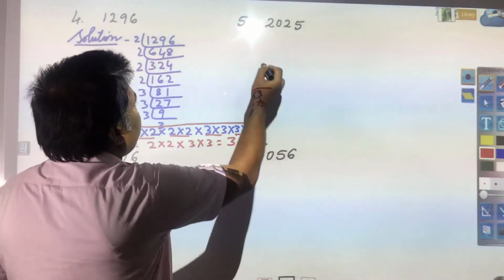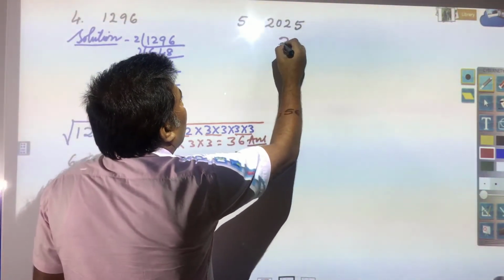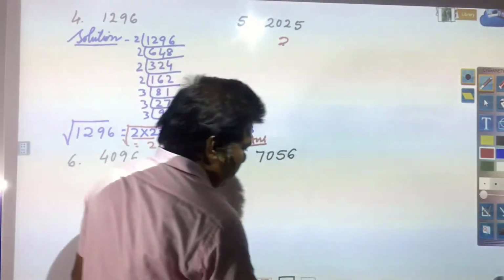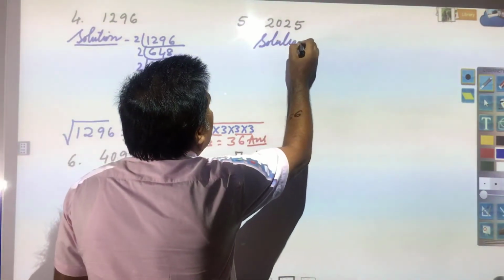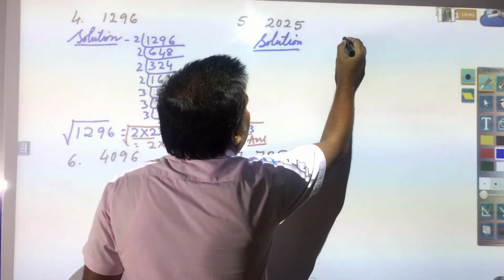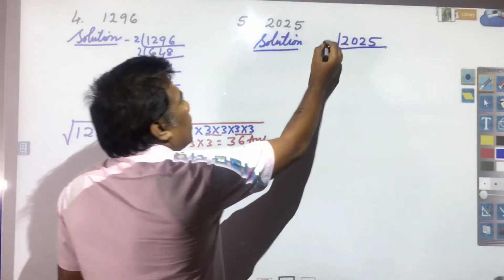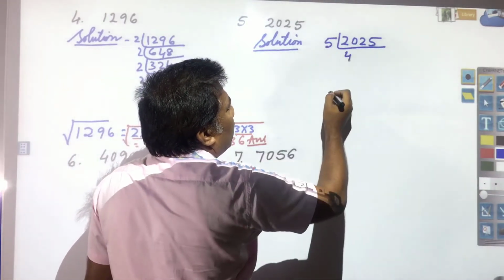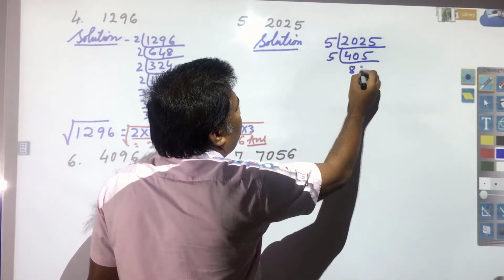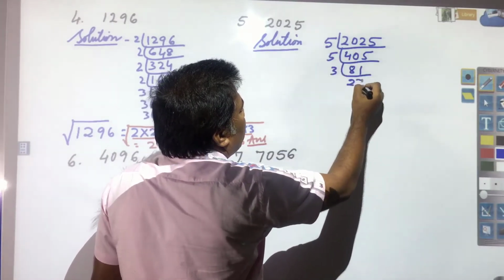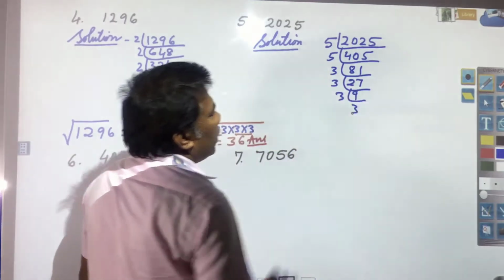Next you have 2025. So, 25 by 5 you divide, 5 4s are 20, 5 5s are 25, 5 8s are 40, 5 1s are 5, 3 27s are 81, 3 9s are 27 and 3 3s are 9.